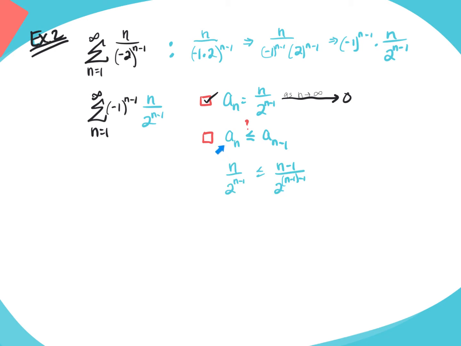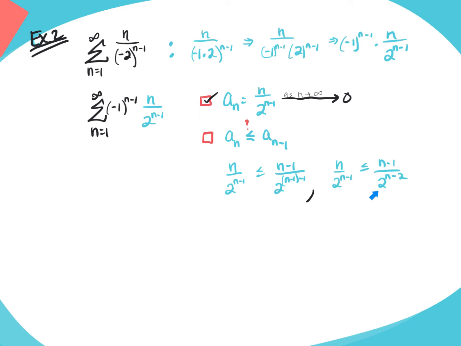So that's asking when n is just n, will that a term be less than or equal to the a term when the subscript is n-1? So n-1 over 2 to the n-1 minus 1. That gives us this inequality.